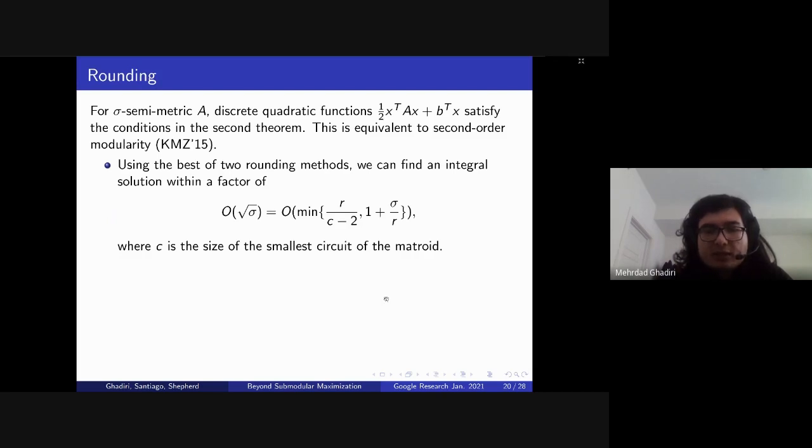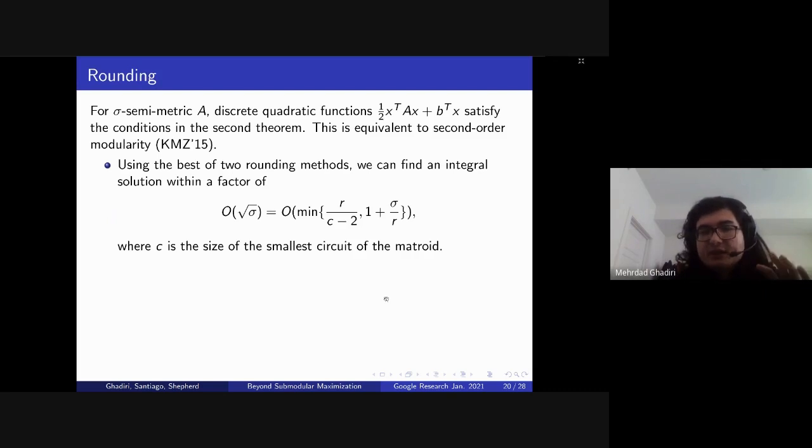The rounding method that we give is actually the best of two rounding methods. We give two different rounding methods, each gets a different gap, and then we take the best of them. We run both rounding methods, and then we take the solution that is better. As you can remember, R is the rank of the matroid, and C is the size of the smallest circuit of the matroid.